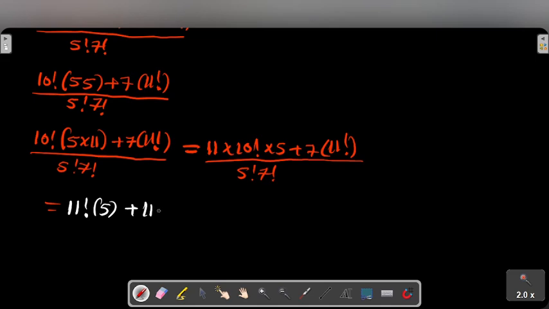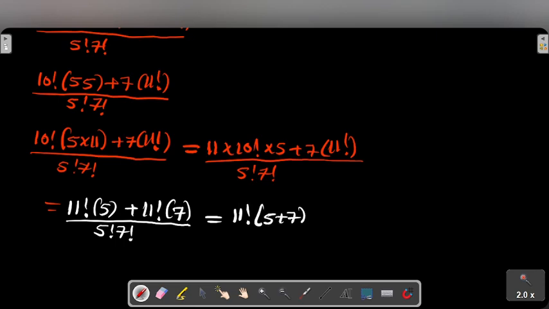Then here we have 11 factorial times a 7, then you're going to say over 5 factorial 7 factorial.